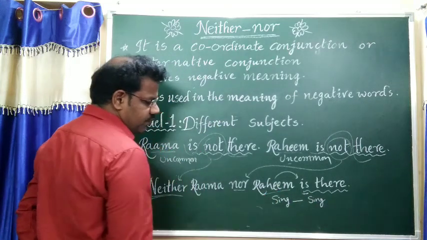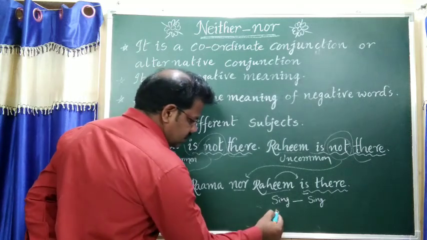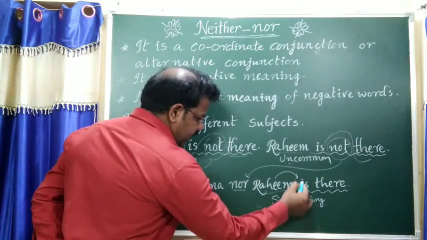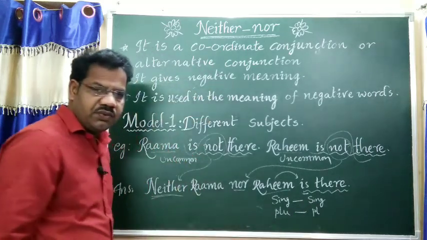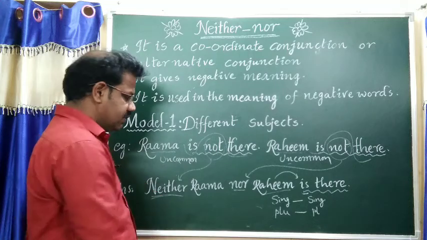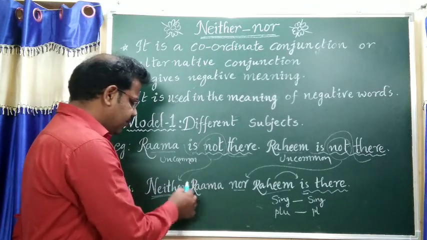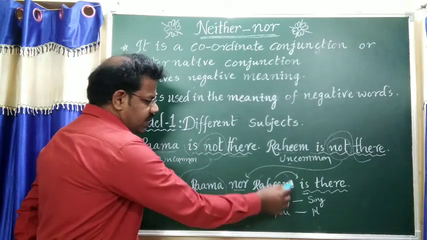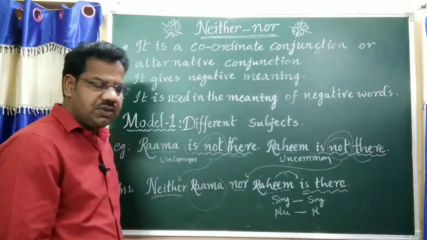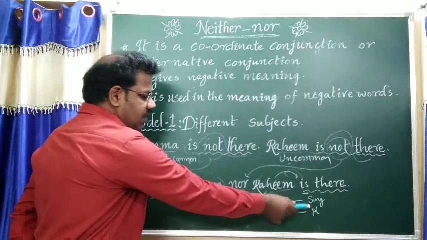If the noun or pronoun is plural, the helping verb should be plural. We should remember this, it is very important. Don't depend on the first one. We have to take the second one. Based on the second one, we have to use singular or plural.